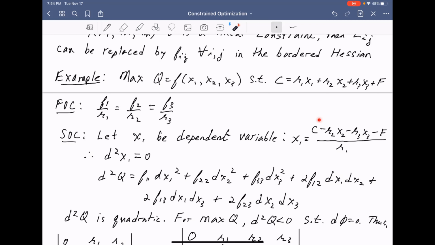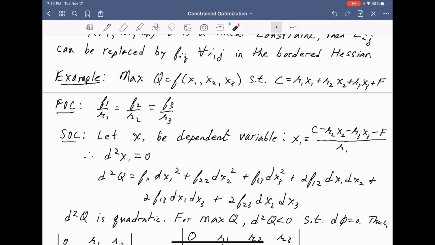The second order condition is if we let x1 be a dependent variable, so that x1 is equal to this cost constraint, if you like, minus the other terms. So we take this x1 out, bring it to that side, the cost over here, and we get this function here.